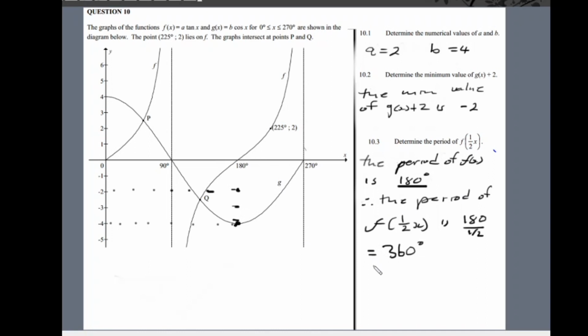If you want to determine the period of f of 2x, that will be 180 degrees divided by 2, which will be 90 degrees, right? So that's how you do it. And then moving on to the next question, let us create space here.